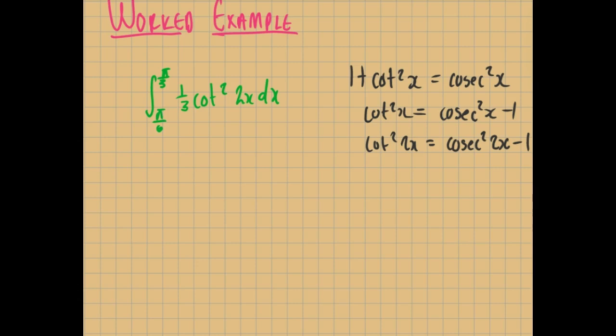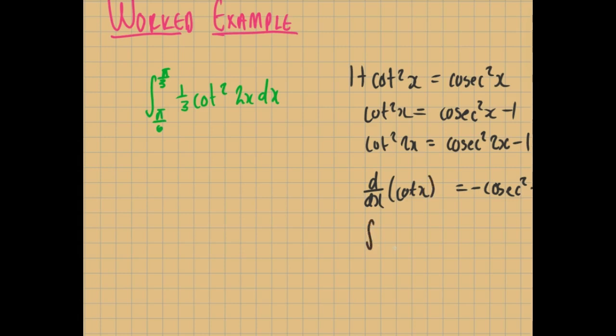And the other thing that I know is the derivative of cot x, not cot squared, but of cot, is negative cosec squared x.